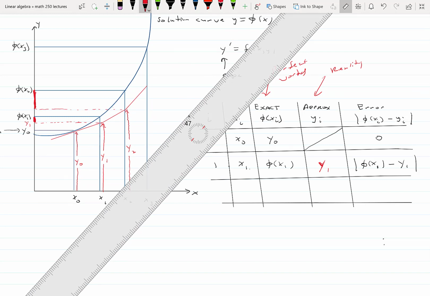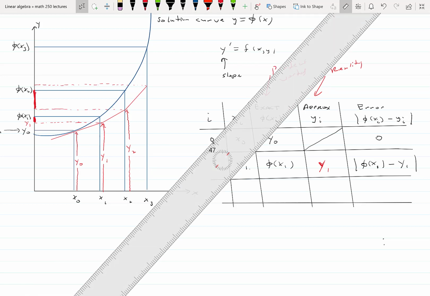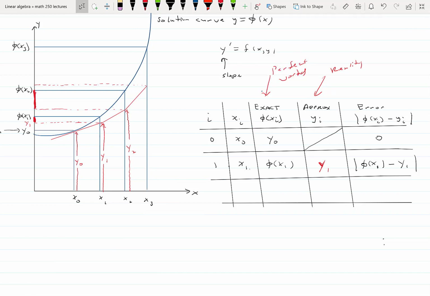And look what's happening. Look at our error now. This y value that I'm drawing here, this is y3. y3 is the y value on the line, and we're using that y value to estimate phi of x3. That's right here.